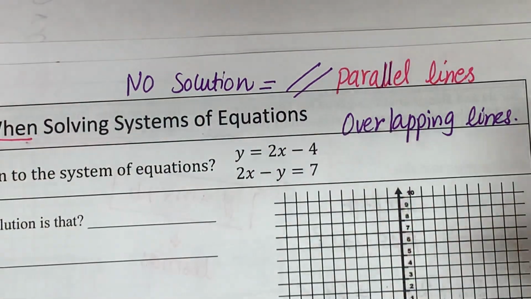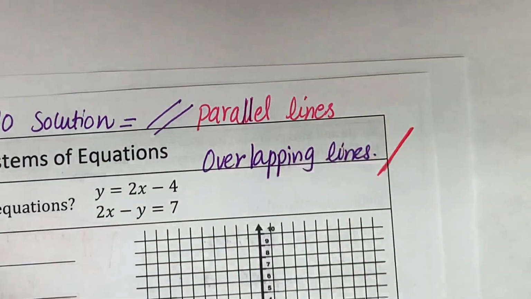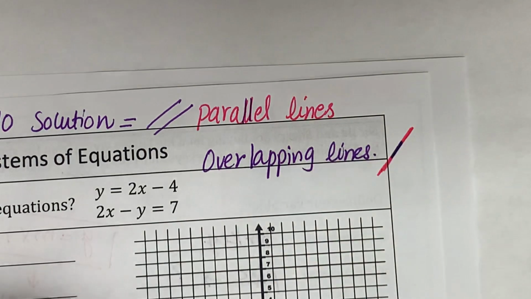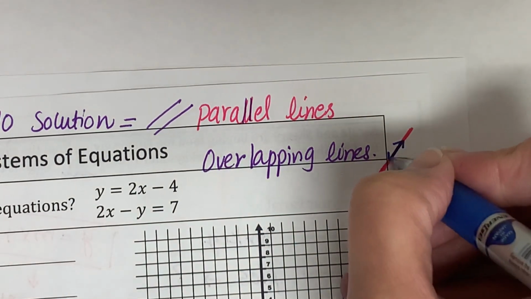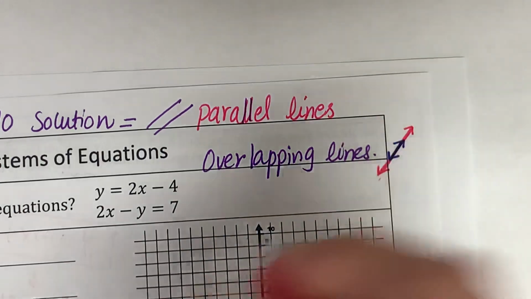On the other hand, overlapping lines are overlapping like this. So these have millions of points.